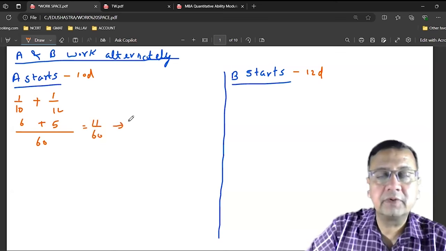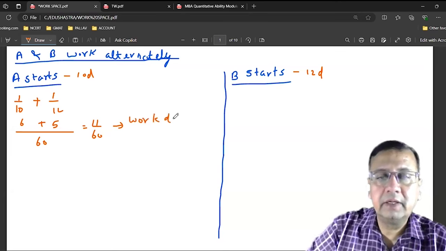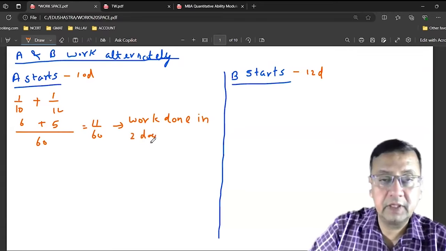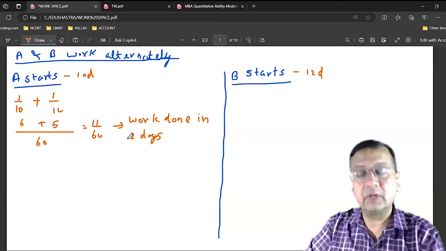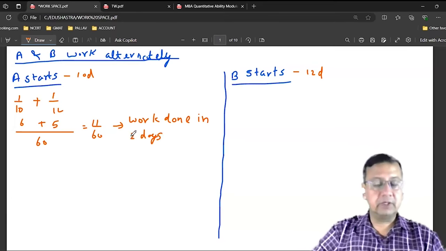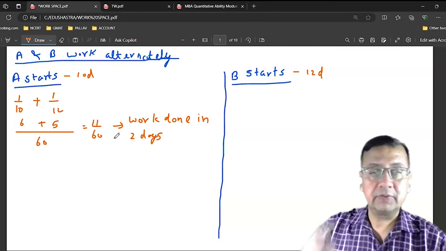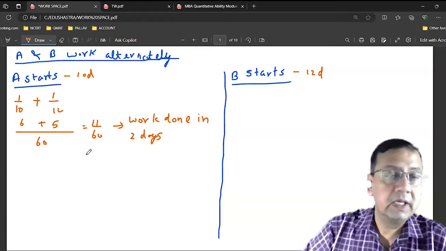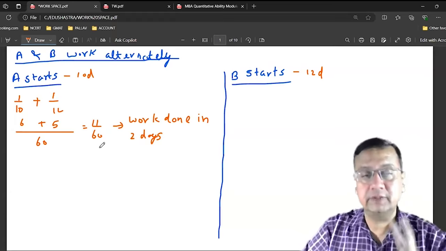This is work done in 2 days, because now they're working alternately. First day A does 1 by 10, second day B does 1 by 12. So alternately they are doing, 11 by 60 in 2 days.